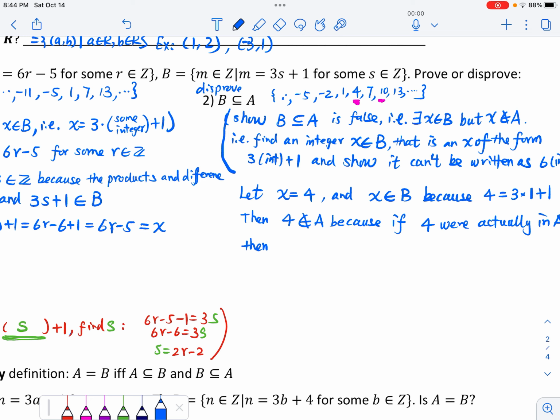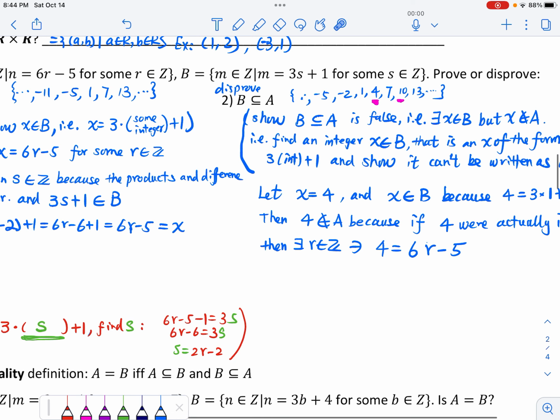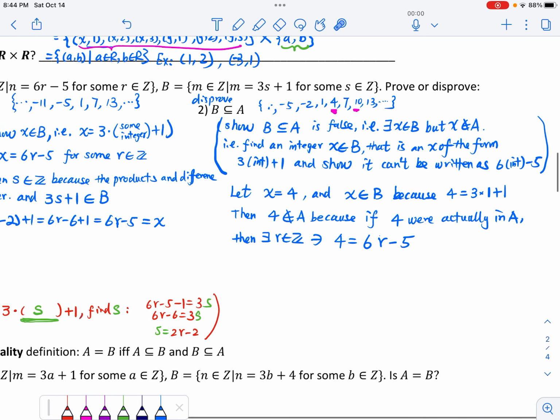So then there exists an integer r such that 4 can be written as 6 times r minus 5. Okay, because if 4 were in A, by definition of A, 4 has to be in this form, which means 4 is in this form.